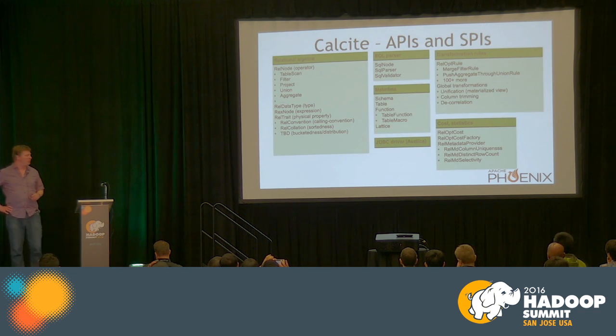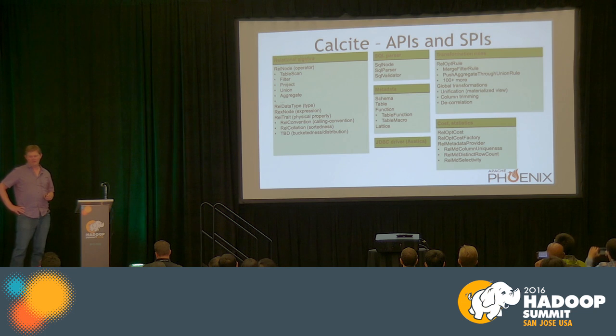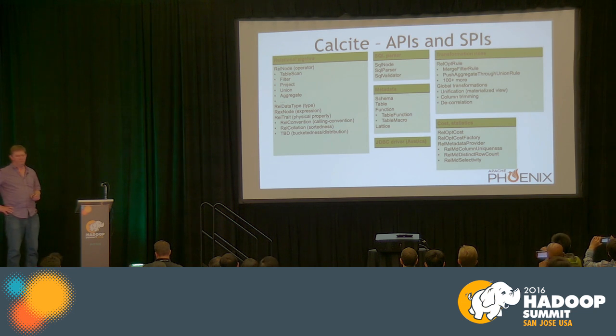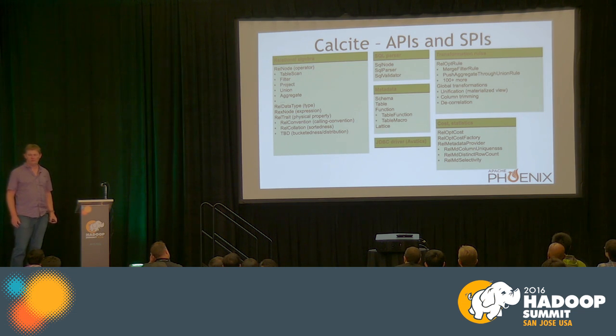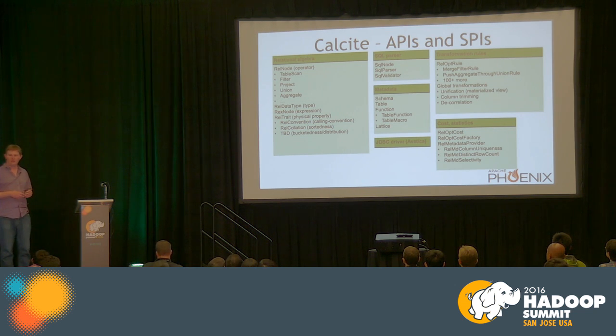So Calcite's a framework, which means it has a large collection of classes, APIs and SPIs. A brief overview: on the left-hand side, we've got various classes that implement the relational algebra, so you can build a relational expression. You can either do that using the SQL parser, or you can build it directly using a class called RelBuilder.